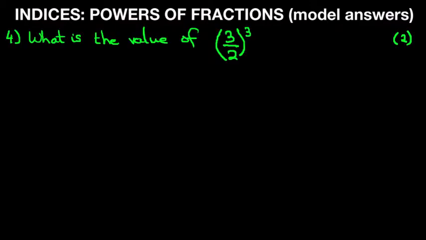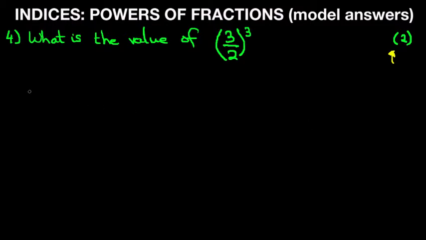Now let's move on to our next question. Number 4. What is the value of 3 over 2 to the power of 3? So 3/2 to the power of 3. The first thing to notice is that this is a 2-mark question. 1 mark for getting the correct answer and 1 mark for showing the workings out.